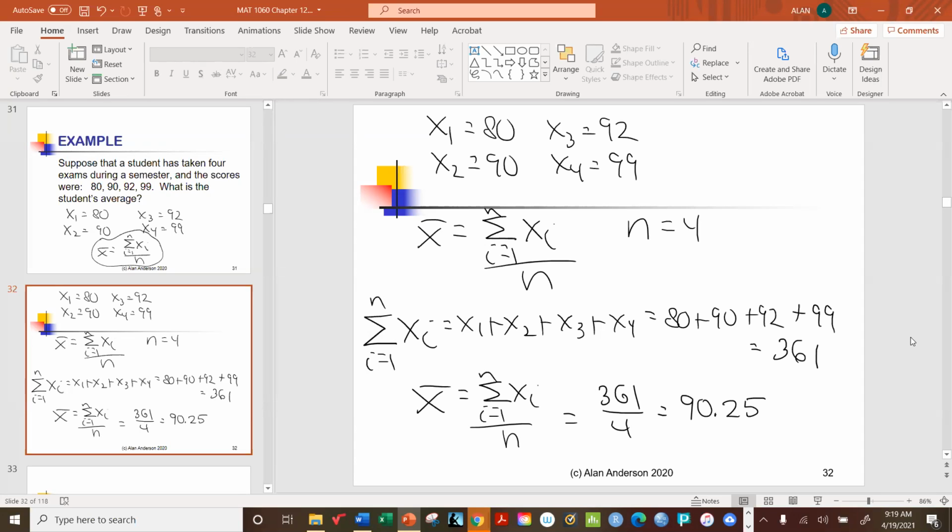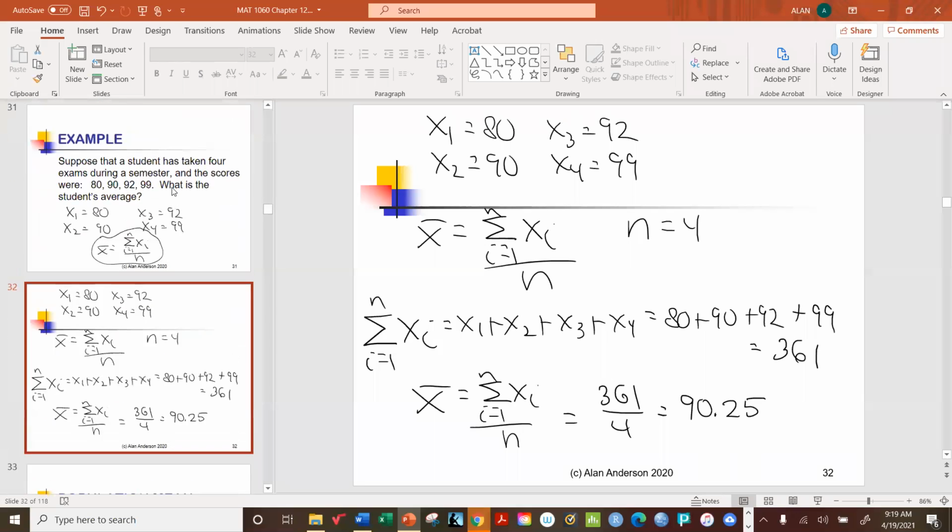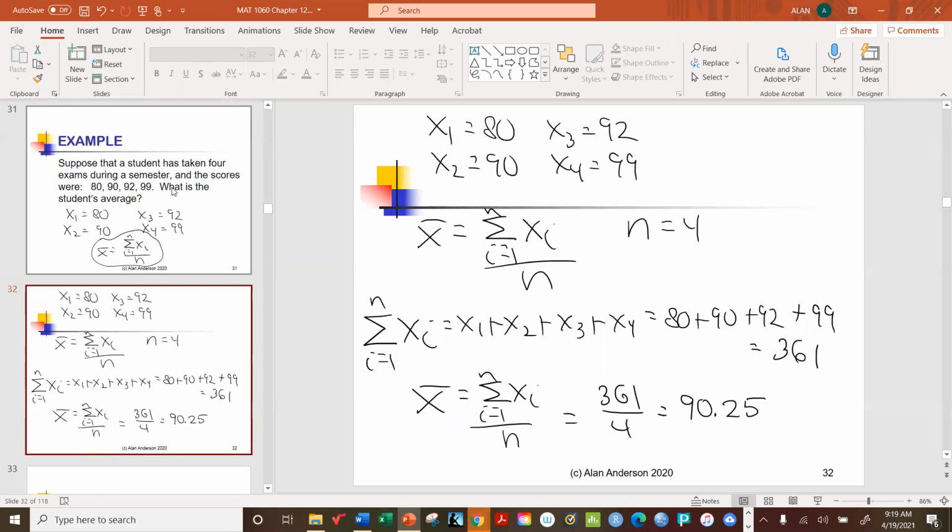So the student's average for the semester is 90.25. And it's a simple matter of adding up all the elements and dividing by the number of elements. So all the sample mean questions you'll ever encounter are done in exactly the same way.